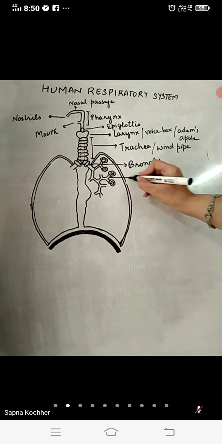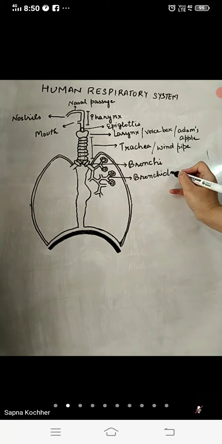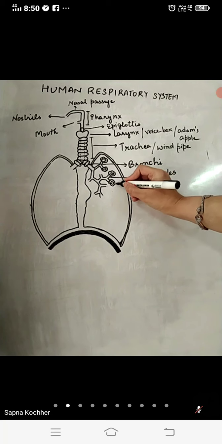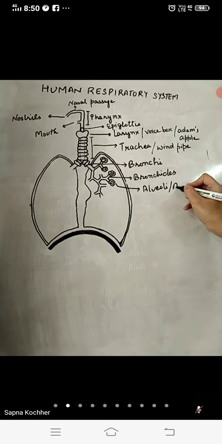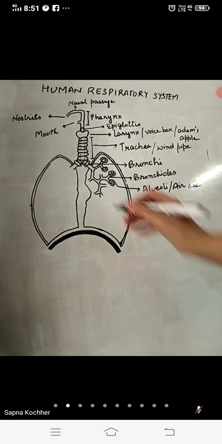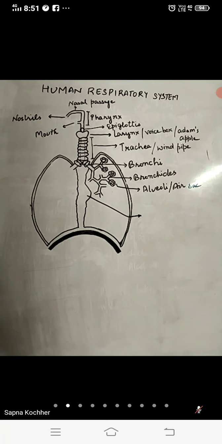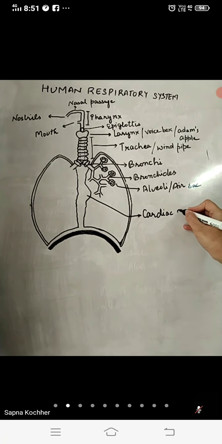And the further smaller branches of these are called bronchioles. The cloudy structures are called alveoli, or commonly air sacs, right? Lastly, not last yet, this is the curve which we have talked about, and this curve is called a cardiac notch.